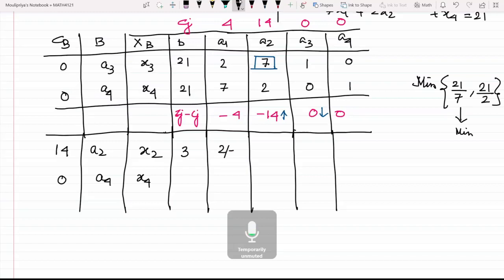1/7. Tell me the next elements of the next row. See, the multiplier that we would be using is 2, correct?